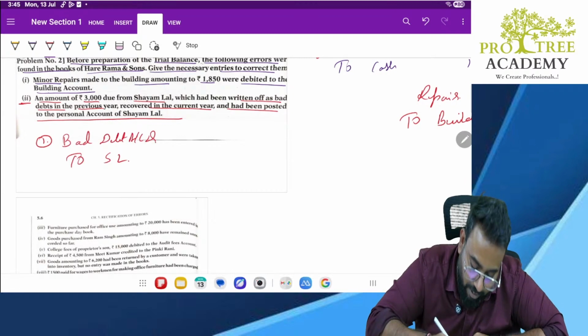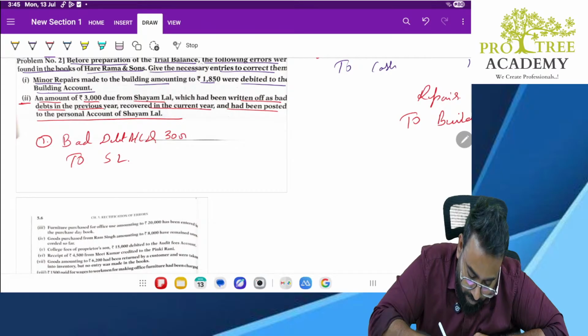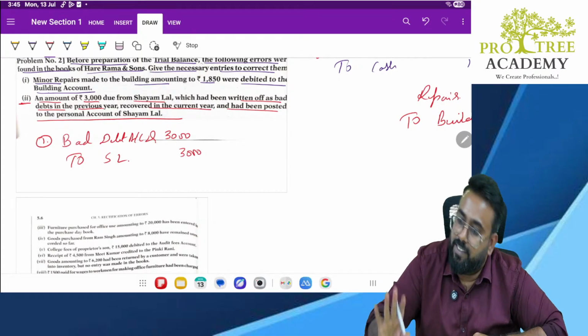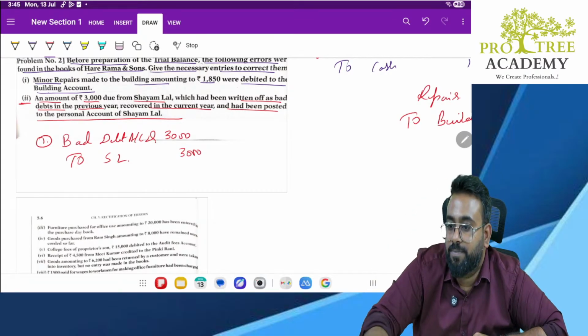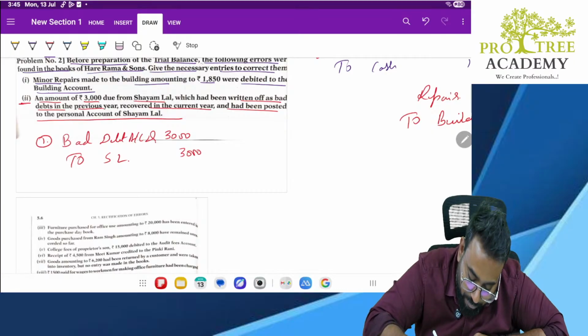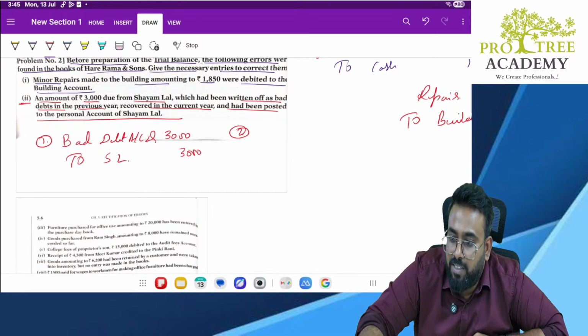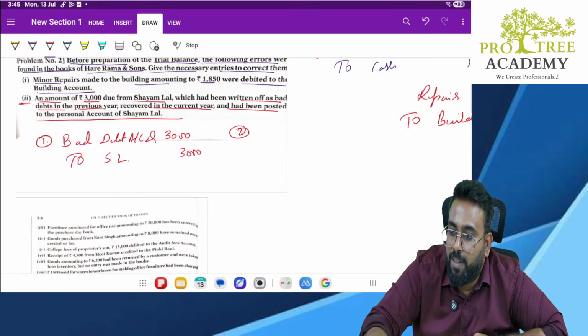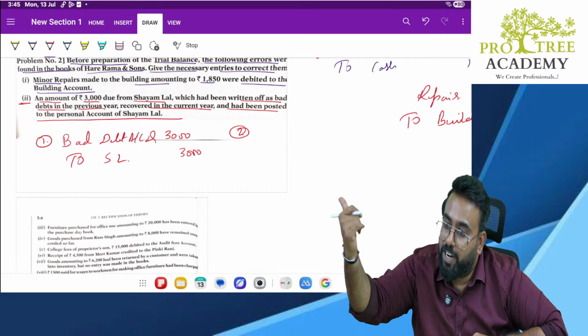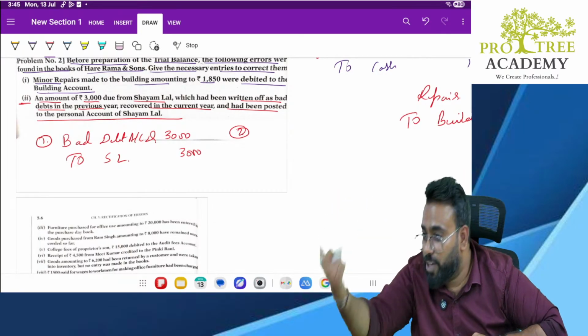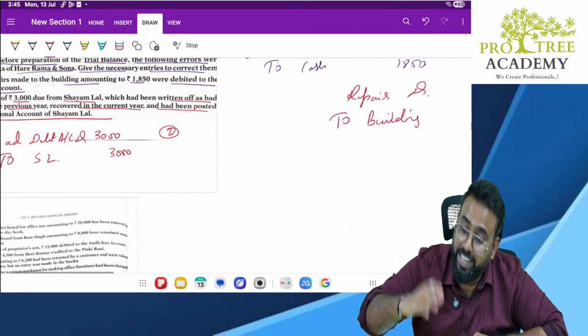This is the entry I would have recorded. How much? No mistake. They have also recorded this entry correctly only. Now what happened? They recovered that bad debt. So when you recover the bad debt, what entry have they recorded, I will show you. Then what entry should have been recorded, we will see. What entry have they recorded?